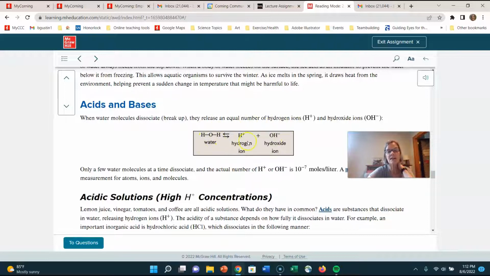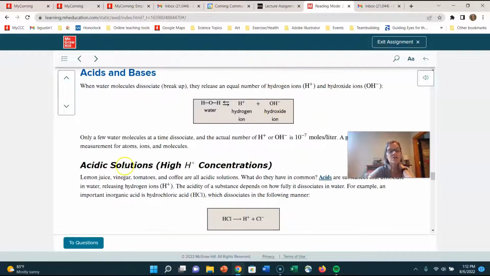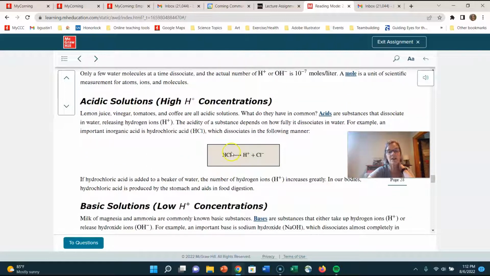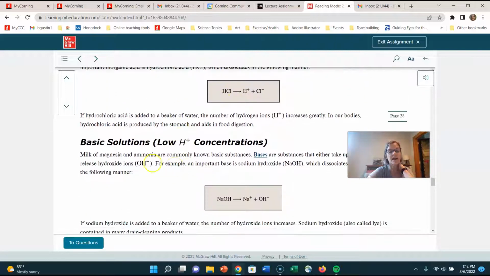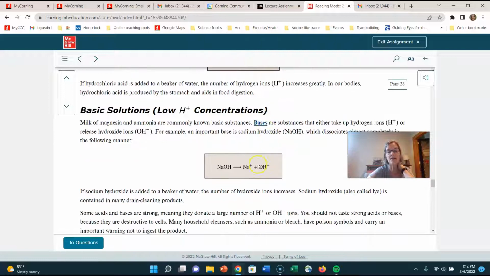So water is actually neutral because it releases the same amount of hydrogen ions and hydroxide ions. But solutions that release more hydrogen ions are acidic, like hydrochloric acid, and solutions that release more hydroxide ions, OHs, are bases like sodium hydroxide.